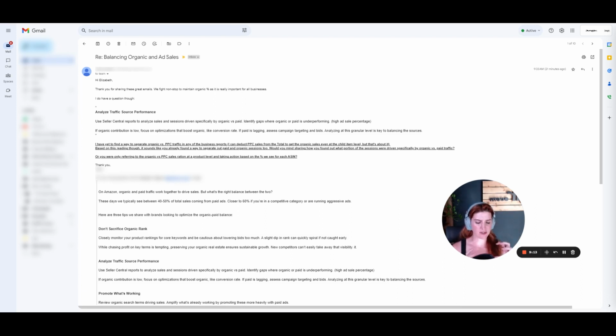And what this tells you is how reliant you are on ads to drive sales. This can be highly important to contextualize things like your ACOS, and especially your total ACOS metrics. We've had accounts before, like I was consulting on some brands, where they were really looking to optimize their total ACOS metrics.